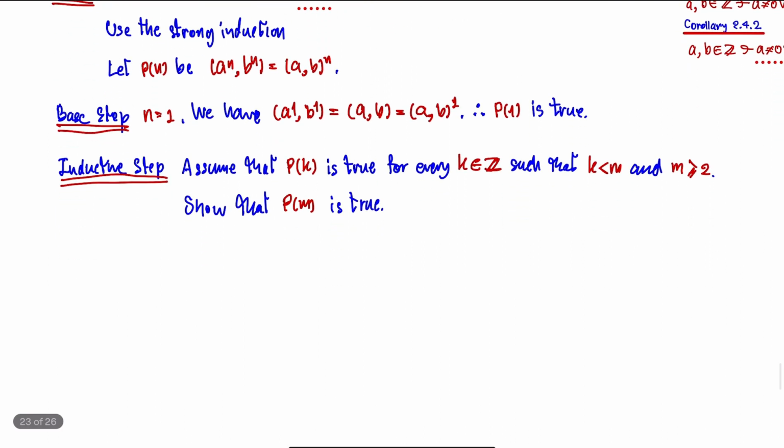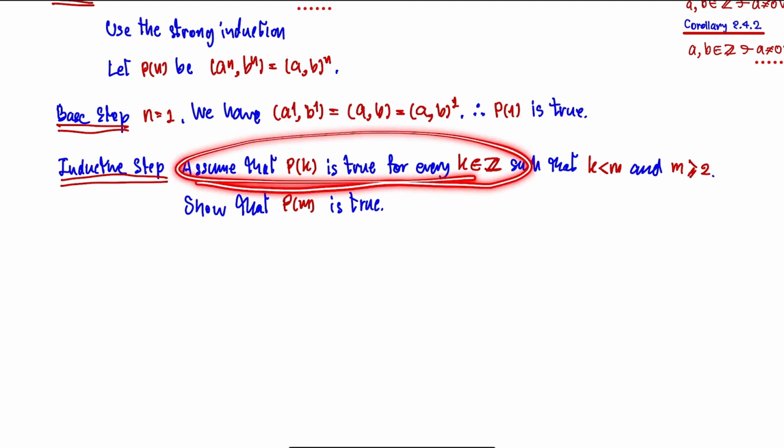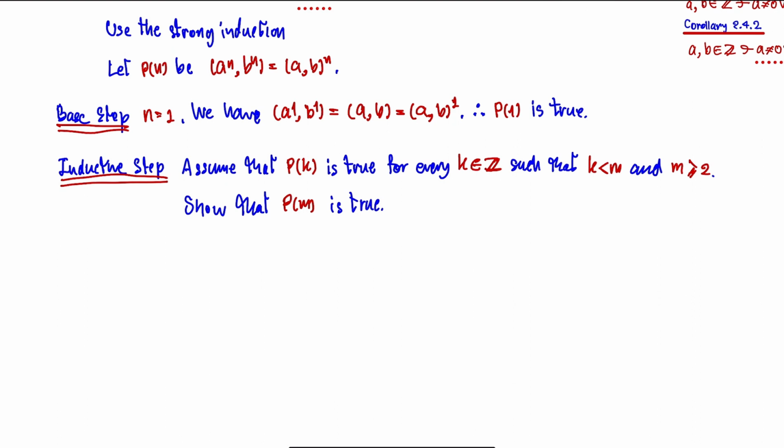Okay, this is what we have right here. So what can we do next? We try to show that P(m) is true, so we have to use this assumption. By the assumption, P(m minus 1) is true.